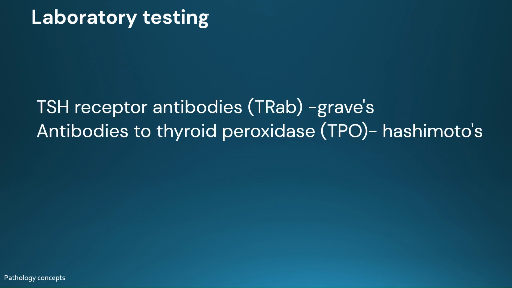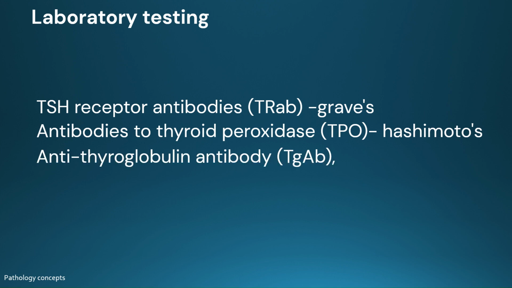Other lab tests such as TSH receptor antibodies or antibodies to thyroid peroxidase can help aid in diagnosing Graves' disease or Hashimoto's thyroiditis respectively. Thyroid autoantibodies are of three types. Two we have already seen, that is thyroid peroxidase antibodies and TSH receptor antibody, and third is antithyroglobulin antibody.